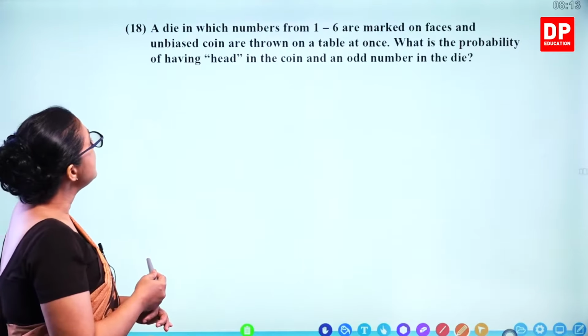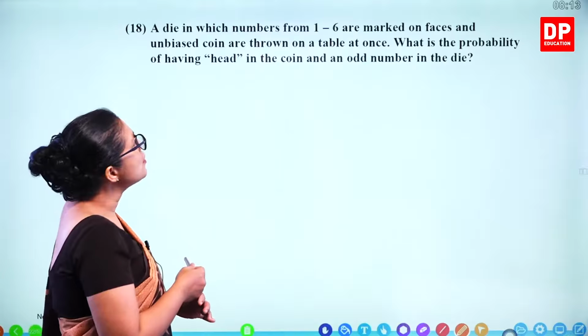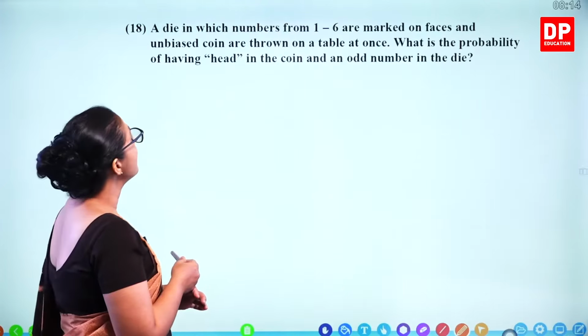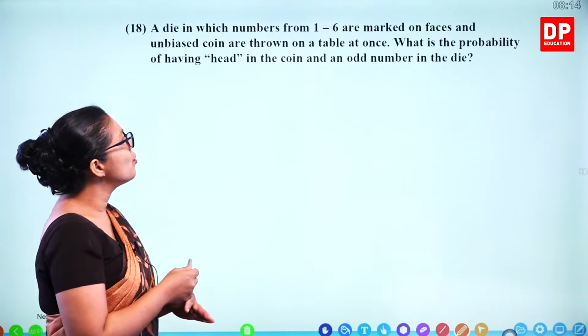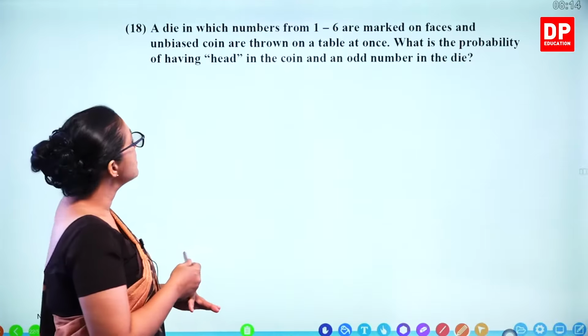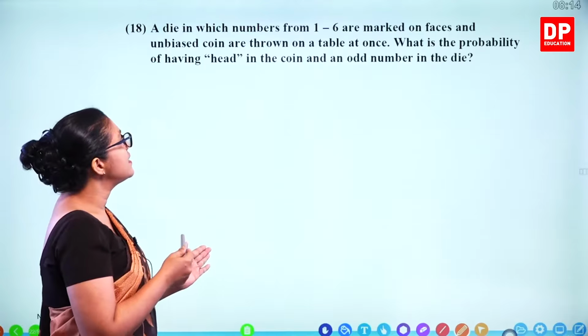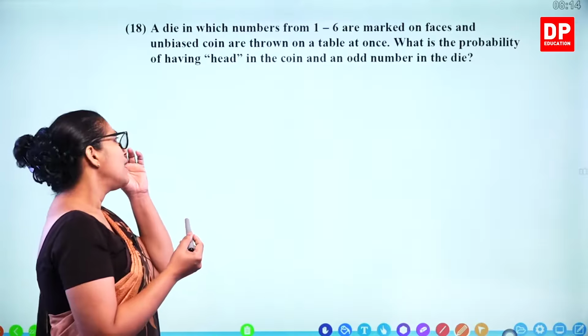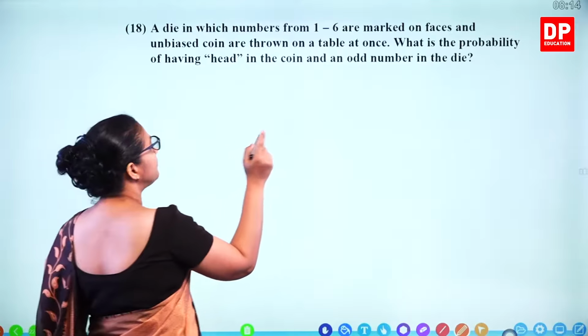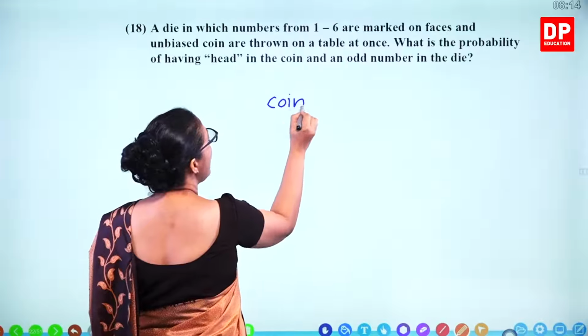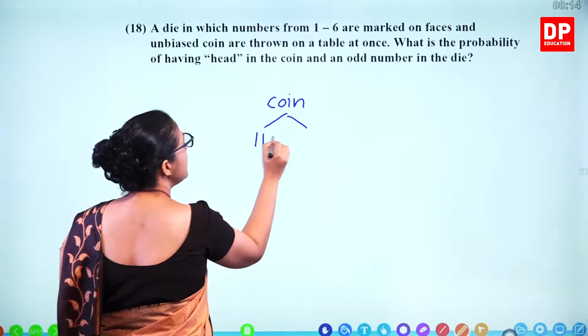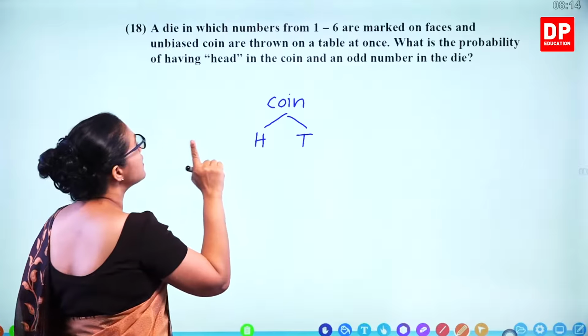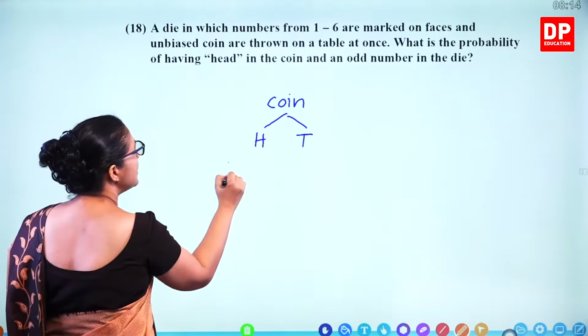Question number 18. A die in which numbers from 1 to 6 are marked on faces and an unbiased coin are thrown on a table at once. What is the probability of having head in the coin and odd number in the die? Now when you take the coin, we know that you get 2 possibilities, head and tail. So what's the probability of getting head?